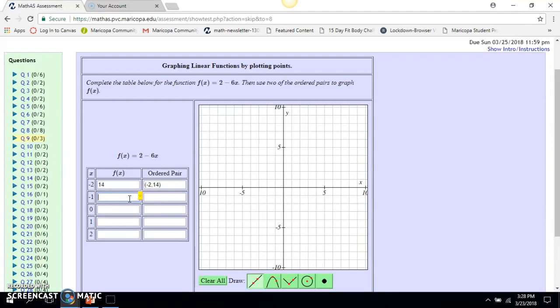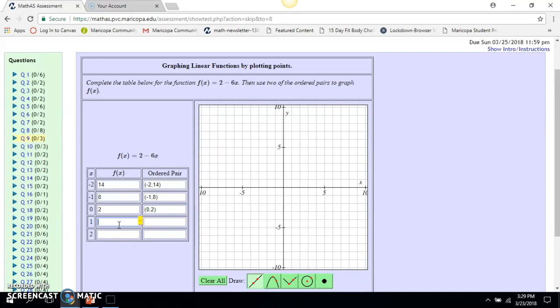When our input value is -1, our output value is 8, which gives us an ordered pair of -1, 8. When our input value is 0, our output value was 2, which gives us an ordered pair of 0, 2.